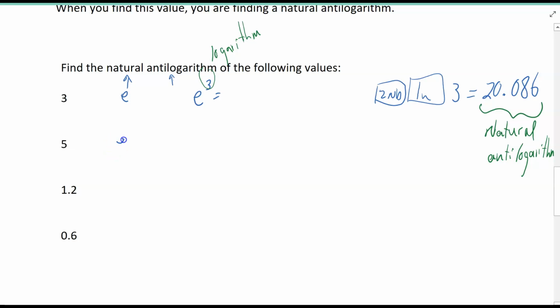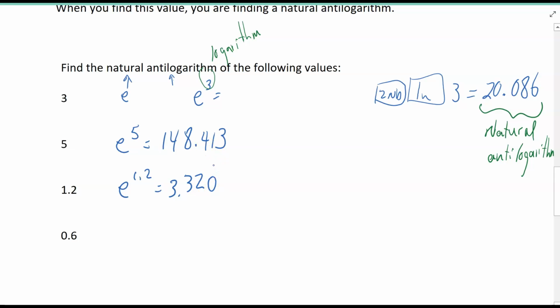All right, this will be e to the 5. Second function ln, raise it to the 5, 148.413. E to the 1.2. Second function ln 1.2, 3.320.